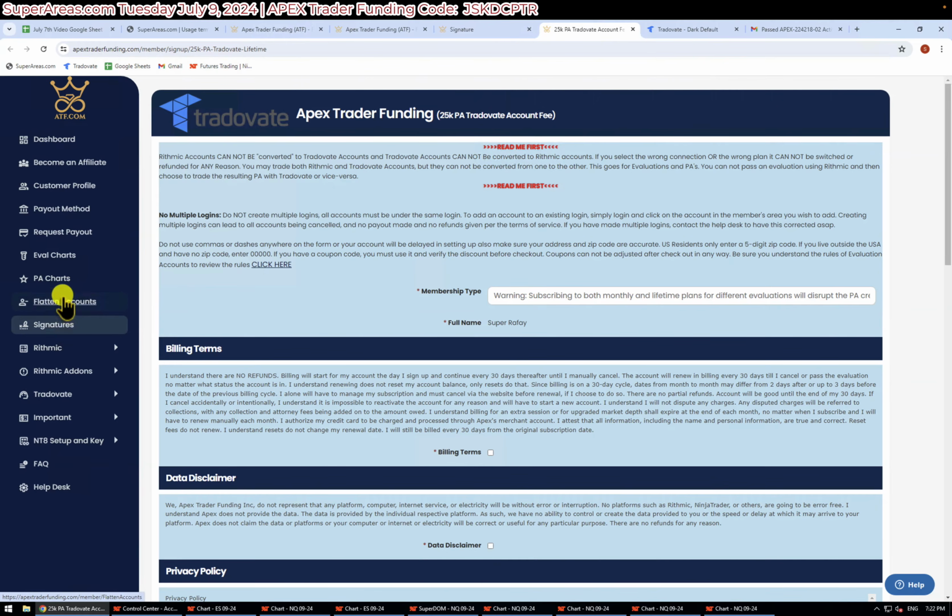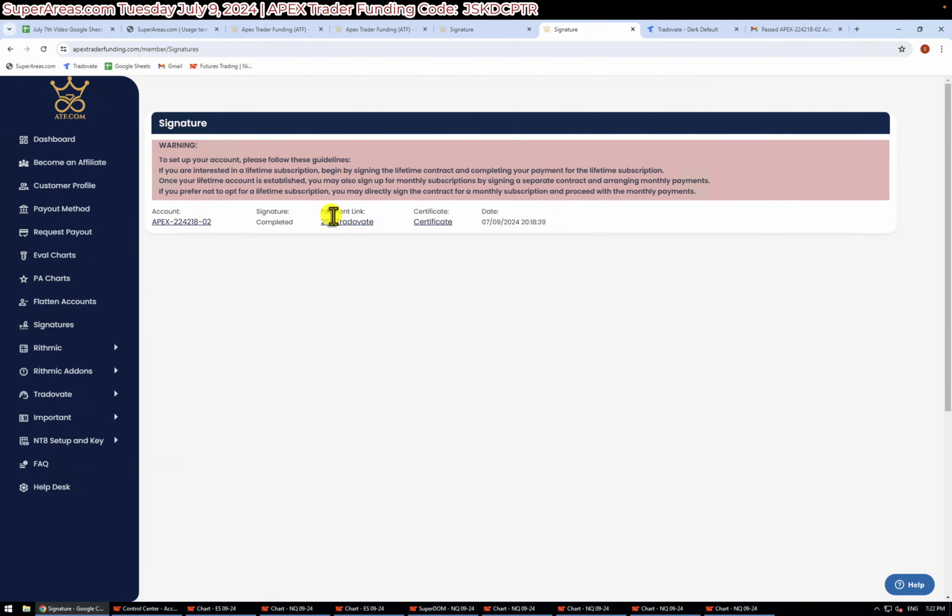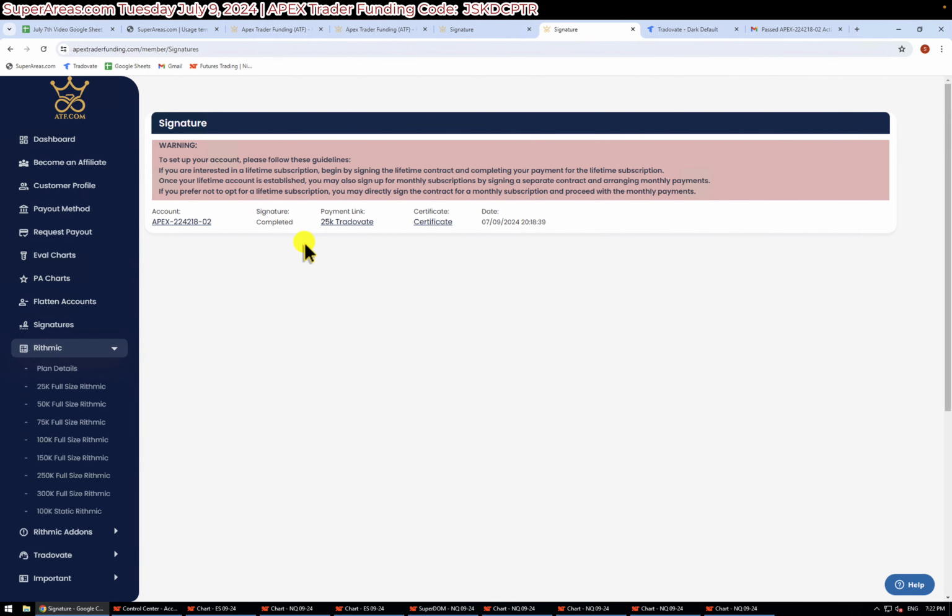Now, let me go back to the payment page again, so everybody's on the same page. Make sure you pay the appropriate and correct fee for the correct account. If you pass the Rhythmic account, it will say pay the 25,000 Rhythmic fee.